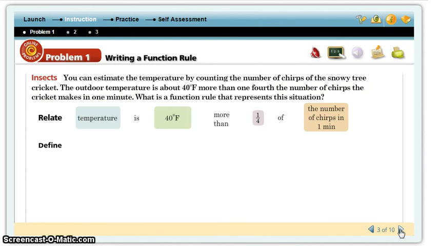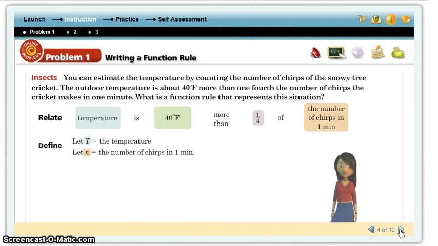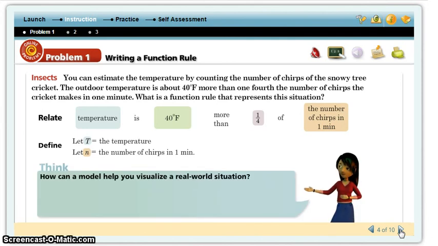Now define your variables. Let T equal the temperature, and let N equal the number of chirps in 1 minute. How can a model help you visualize a real-world situation?